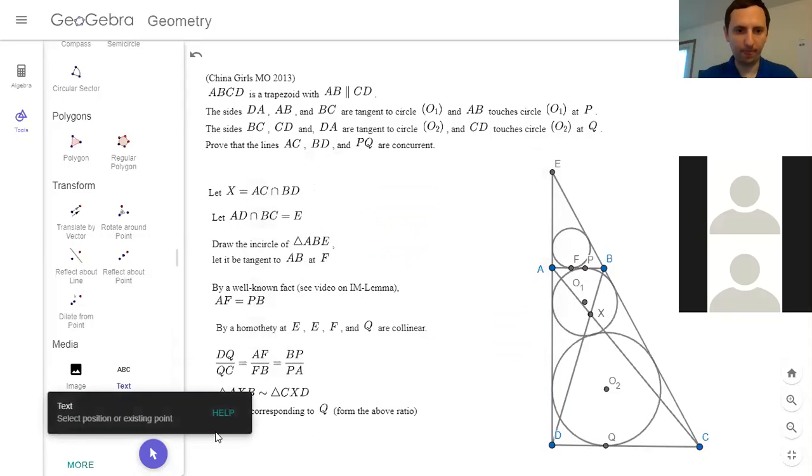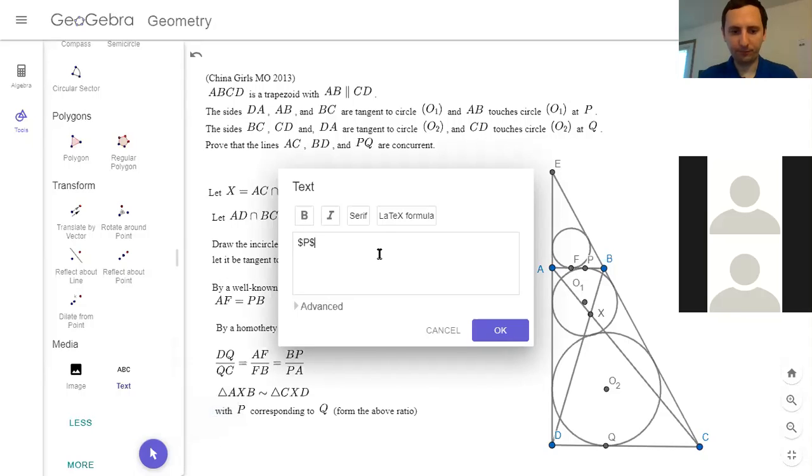So that means that AC, BD, and PQ are concurrent.